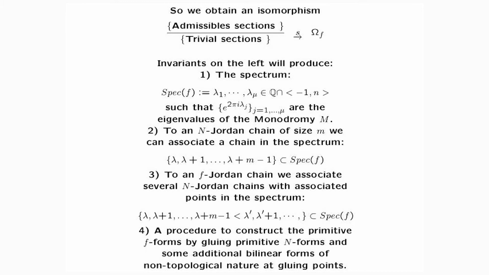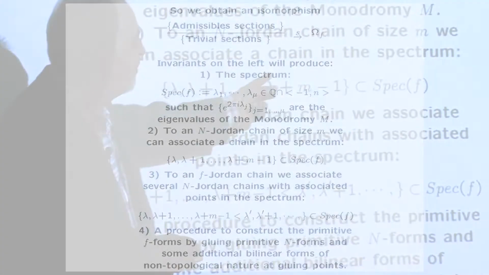And so we have an isomorphism from admissible sections modulo trivial sections into this omega F. And invariants on the left are the spectrum that I said, some precise way of getting logarithms of the eigenvalue. To every n-Jordan block of size m, we get a family of these points in the spectrum: lambda, lambda plus 1, up to lambda plus m.